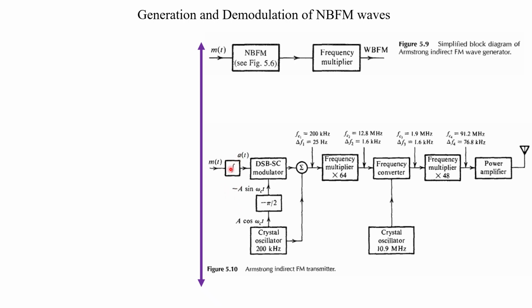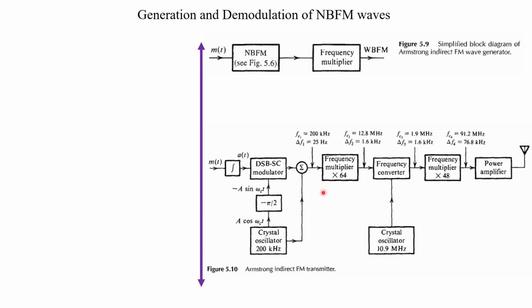If there is no integration, we are talking about phase modulation, right? So integration and then DSBSC, this is your amplitude modulator only, and then phase shift. Here your carrier signal is generated using this crystal oscillator, and the Hilbert transform gives a phase shift by pi by 2, and finally if you add, you will get the final frequency modulated signal at this point, right?